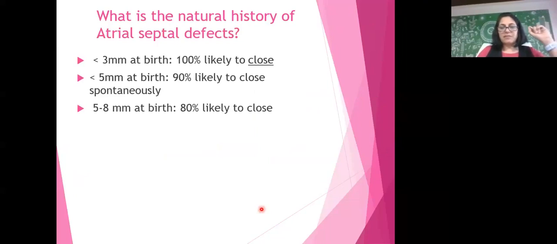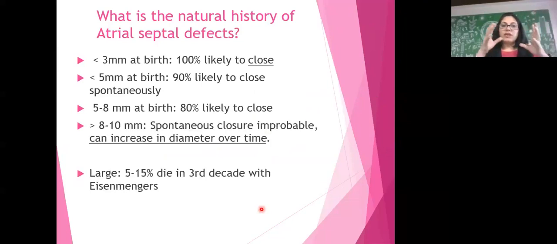If it's 5 to 8 mm at birth, 80% are likely to close. So if it's 10 mm at birth, it most likely won't close. So this is important to note that the smaller it is at birth, the more likely it is to close.